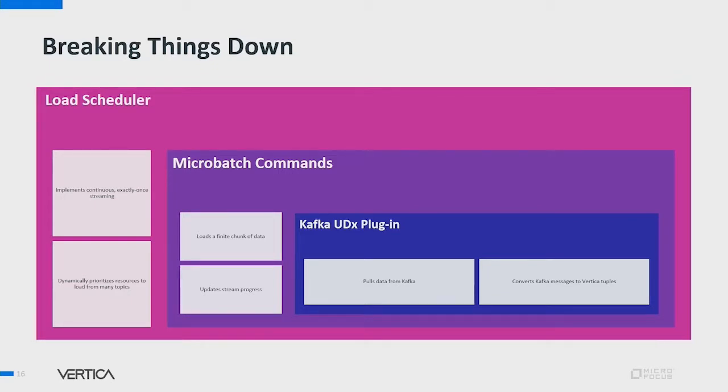We'll understand more about the Kafka UDx plugin and how we use microbatch commands to load chunks of data from Kafka. And then finally, how we define and manage the scheduler, and how using the scheduler we can not only implement continuous exactly-once streaming, but also dynamically manage the resources between different topics and different streams that we load data from.